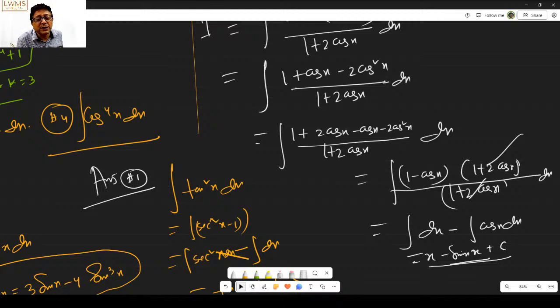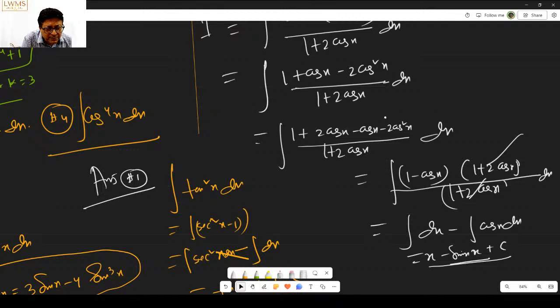So I use the trigo formula once more. And this one, it is 2 by 4 actually. This one, 1 by 4 cos square 2x, you write 1 by 8 into 2 cos square 2x. 2 cos square 2x is what? 1 plus cos 4x dx.